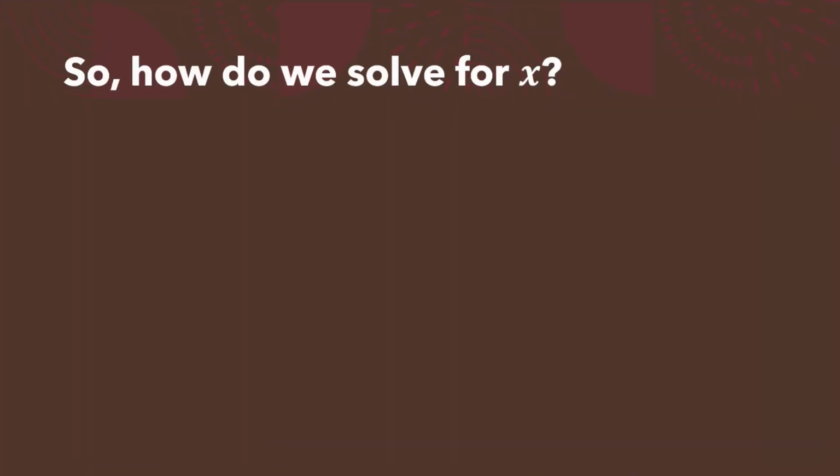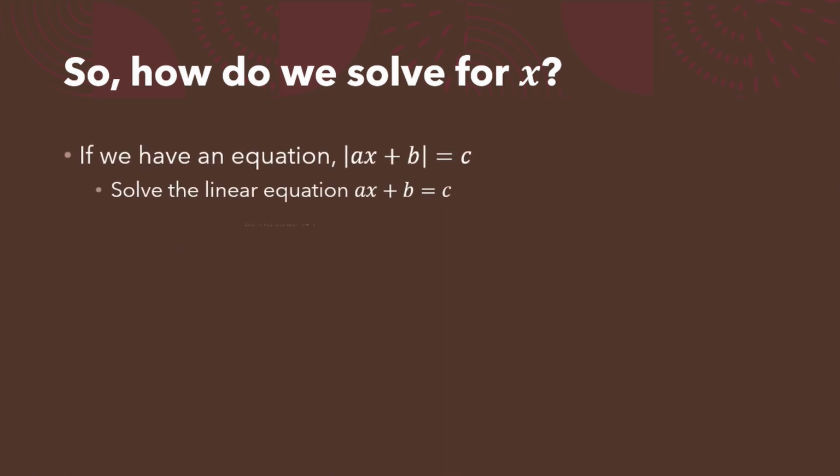To solve for x, if we have the equation the absolute value of ax plus b is equal to c, we solve two linear equations. Ax plus b is equal to c, and ax plus b is equal to negative c. Now, why do we solve two equations for the positive and negative value of c?